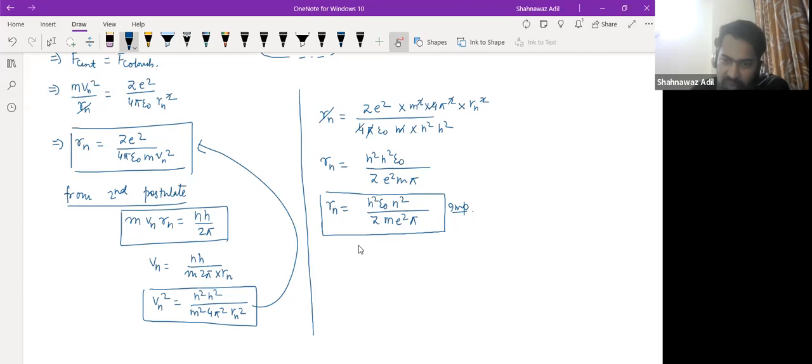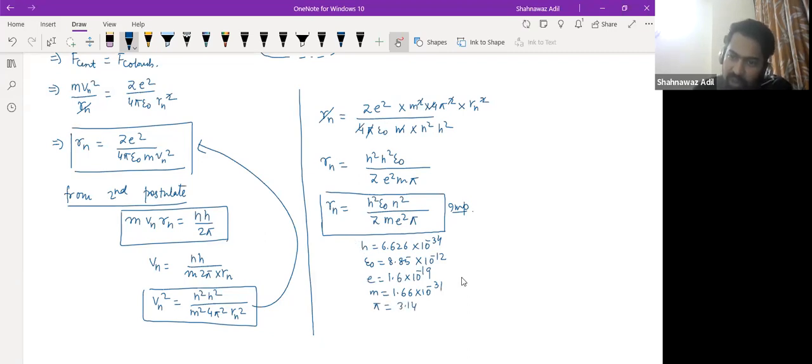We can put the value of h, which is 6.626 into 10 to the power minus 34, epsilon naught, which is 8.85 into 10 to the power minus 12, e, which is 1.6 into 10 to the power minus 19, m, which is 1.66 into 10 to the power minus 31, and pi, which is 3.14.